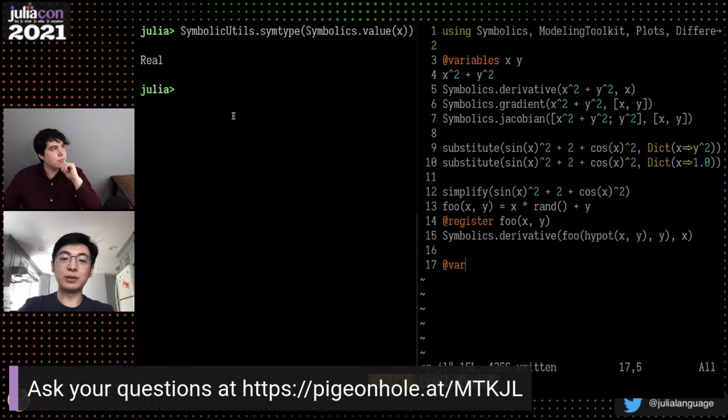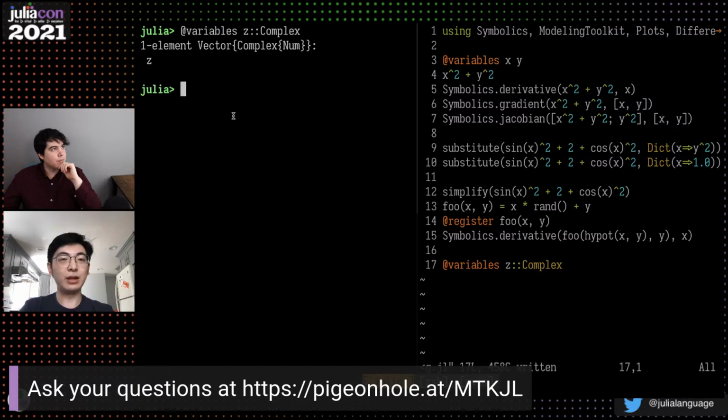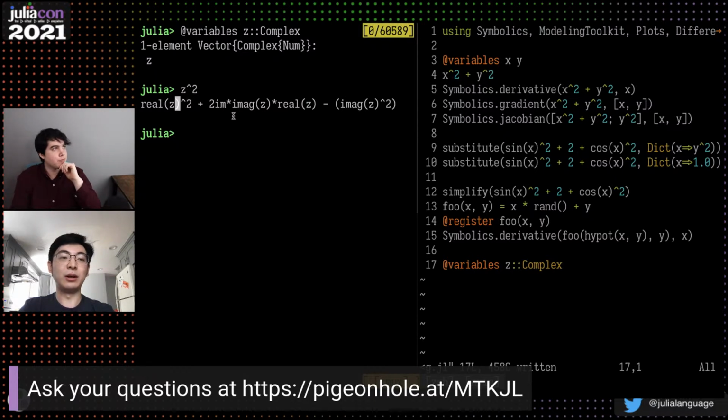We can also instantiate variables that have the complex type. In here, if I do z squared, then it will trace into z squared in terms of real numbers and imaginary numbers, and then we can get the real part of z squared from that.